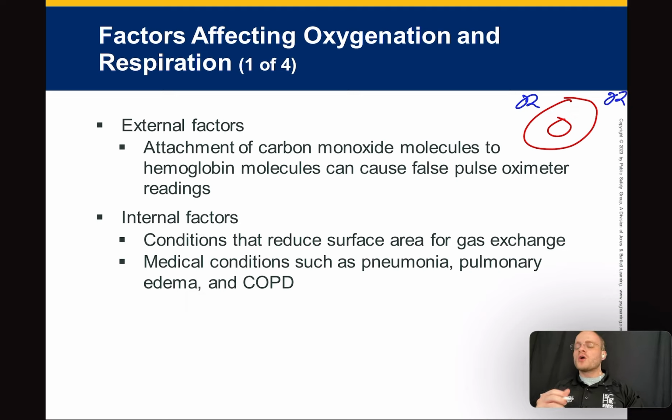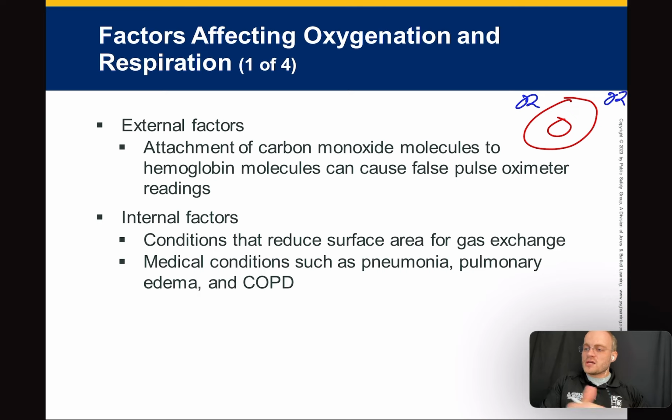What happens is the CO in the air will come around and try to bind to hemoglobin. The problem with this scenario is that carbon monoxide and hemoglobin are really good friends. They're about 240 times greater friends than hemoglobin and oxygen.